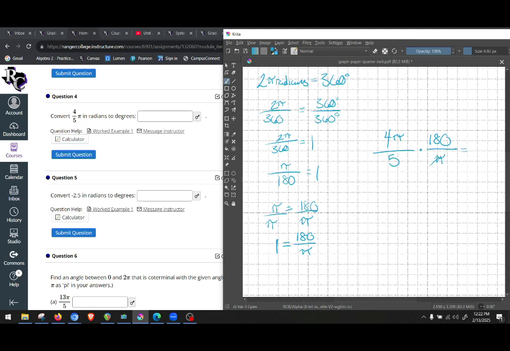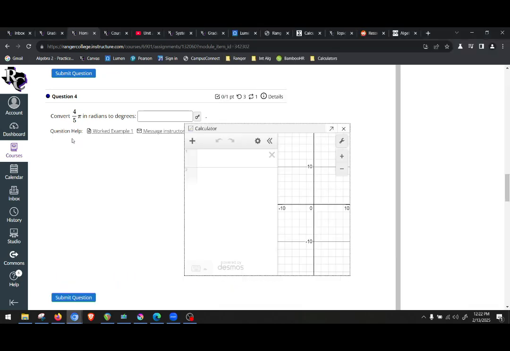The pi's cancel out. 4 times 180 is 720 over 5. That's 144 degrees.